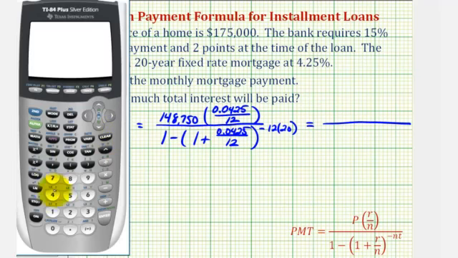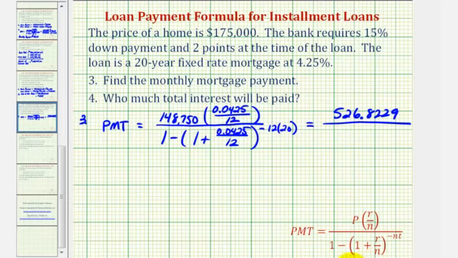So for the numerator, we'll have 148,750 times 0.0425 divided by 12. We'll go ahead and round this. It'll be approximately 526.8229.